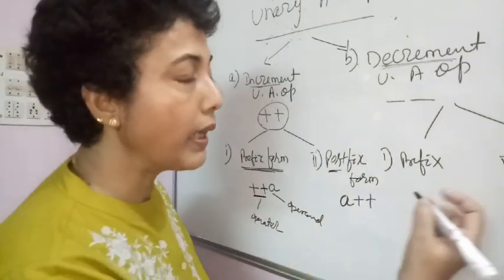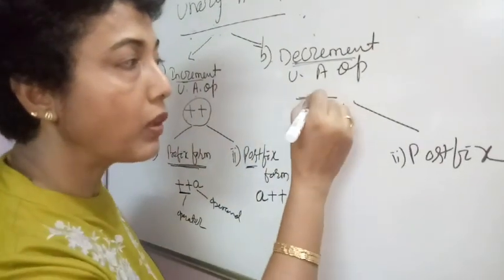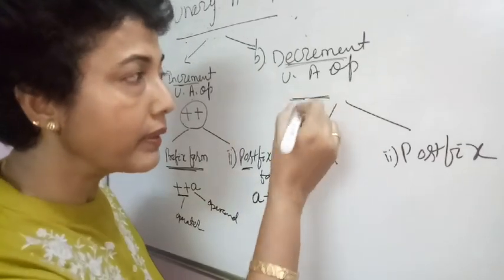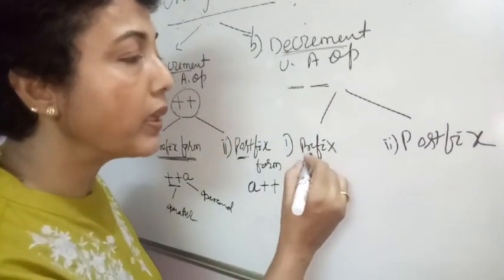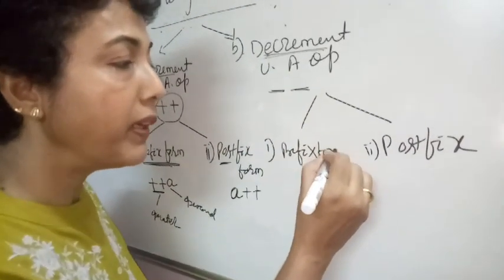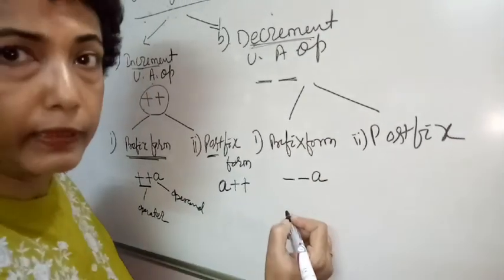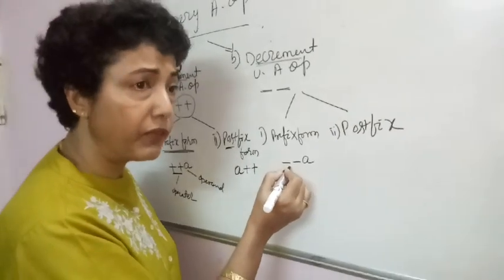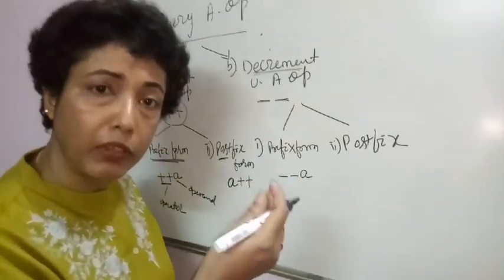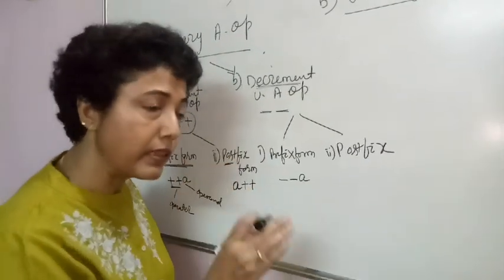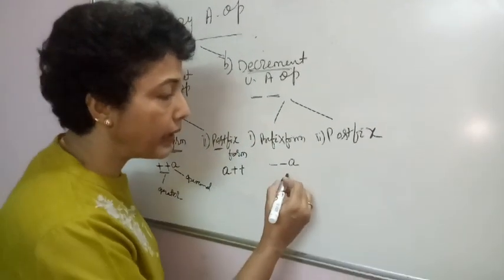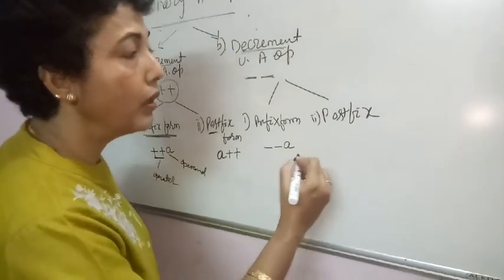Okay. Same thing happens for decrement operator also. When this decrement operator is used in prefix form, then it appears before the operand. Because it is coming first, the value will reduce by 1 first, then this new value will be taken for calculation.